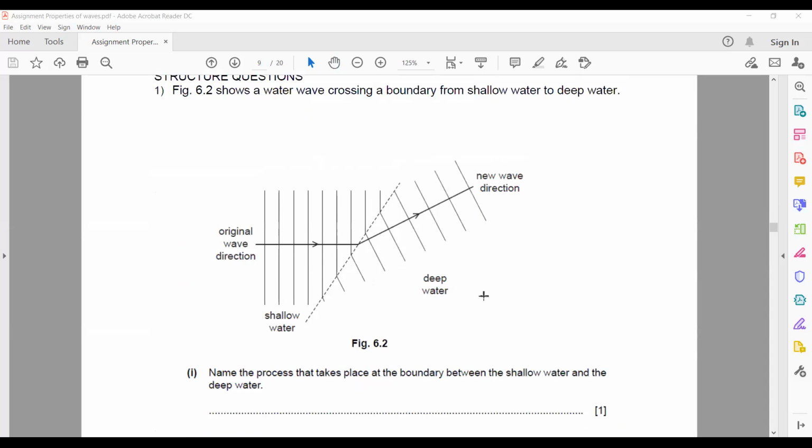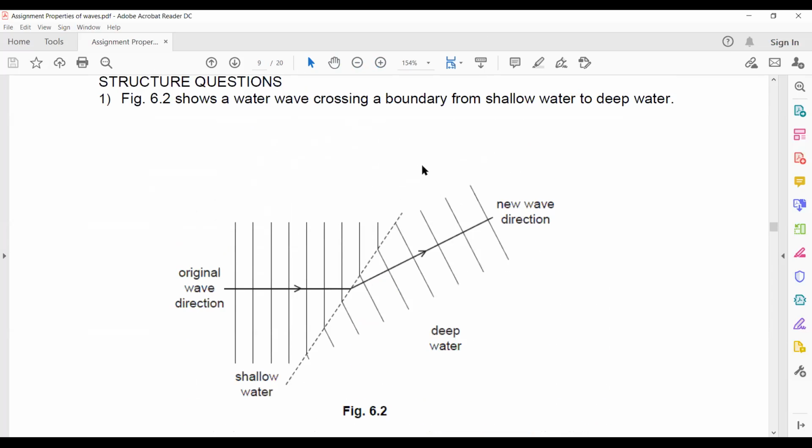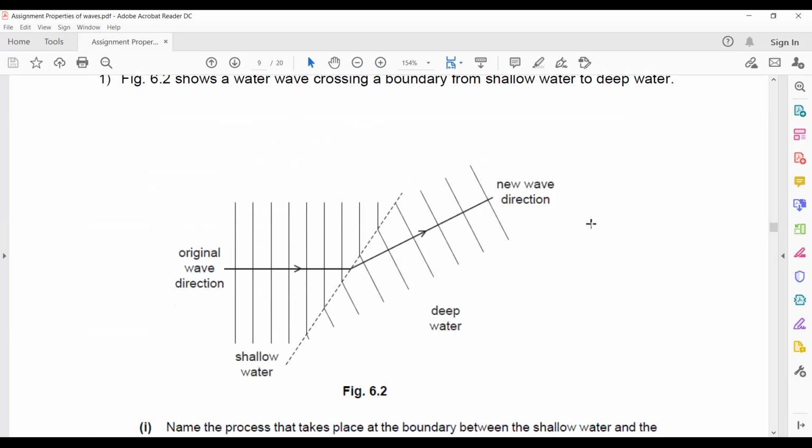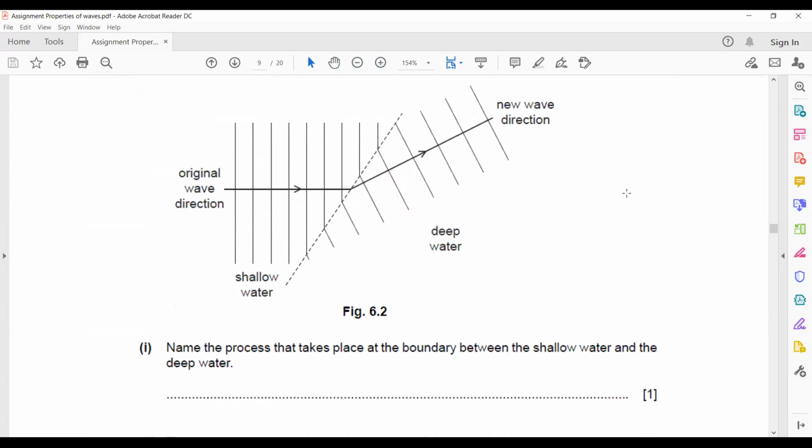Okay, in this question, figure 6.2 shows water waves crossing a boundary from shallow to deep. Name the process that takes place at the boundary between the shallow and deep region.